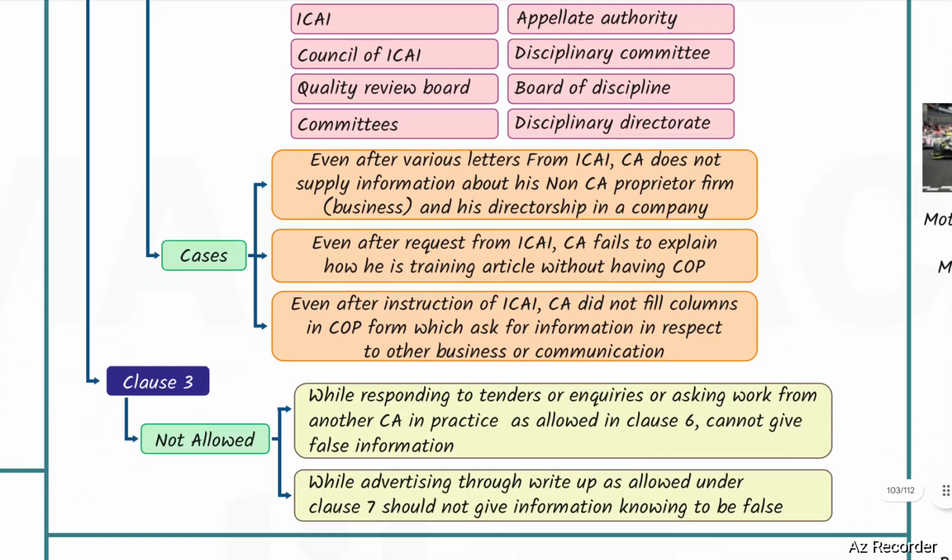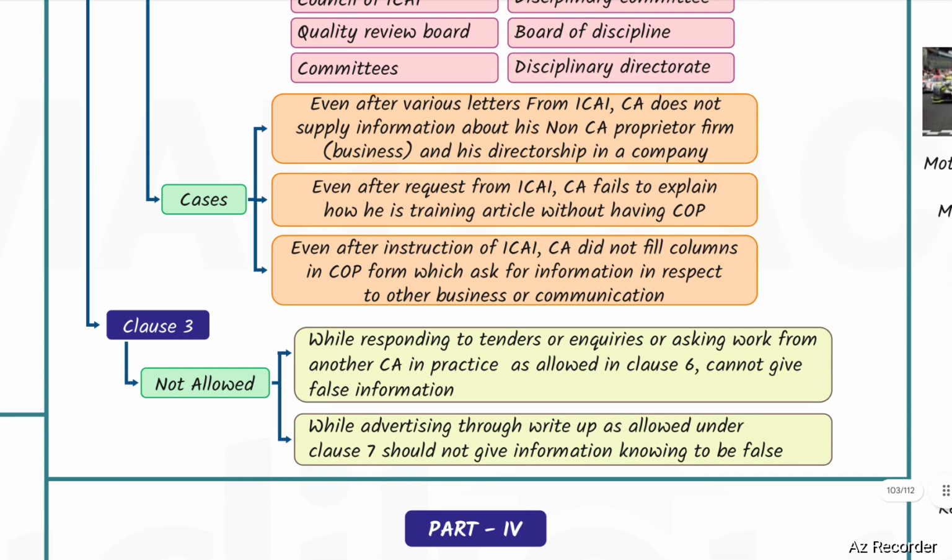Cases: even after various letters from ICAI, the CA does not supply information about his non-CA proprietary firm business and his directorship in a company, guilty. Even after request from ICAI, the CA fails to explain how he is training an article without having a COP, guilty. Even after instruction of ICAI, the CA did not fill columns in the COP form which ask for information in respect of other business or occupation, guilty.